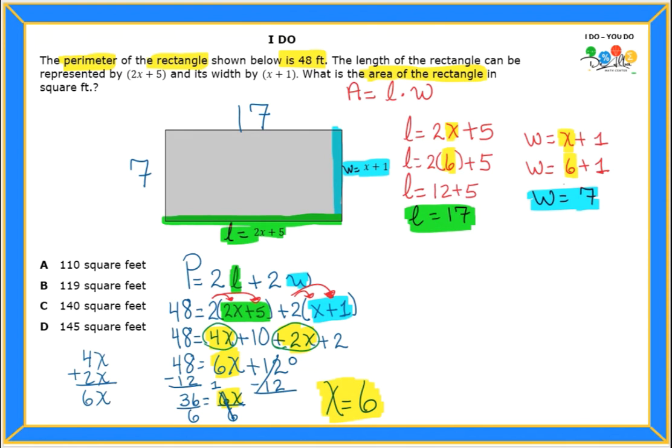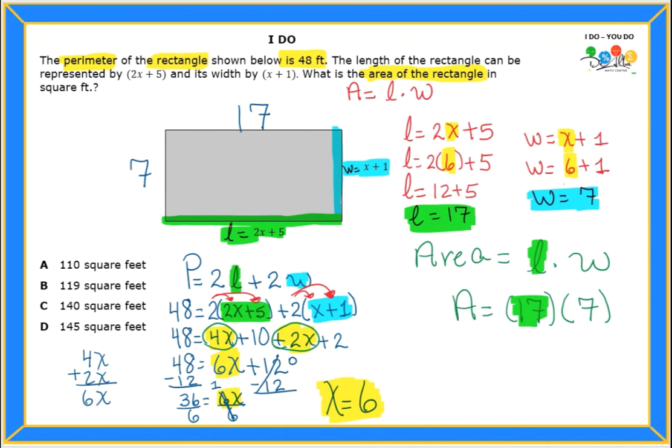So now to find area, what do I do? Remember I wrote the formula a little bit earlier. To find the area, I multiply length times width. So the length is 17 and the width is 7. All I'm doing is replacing the length and the width with the values that I found.